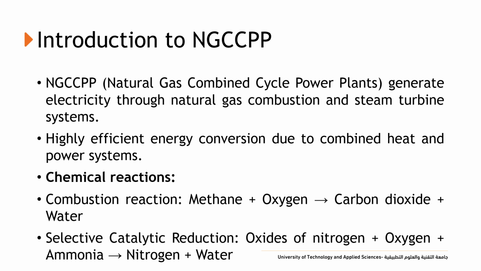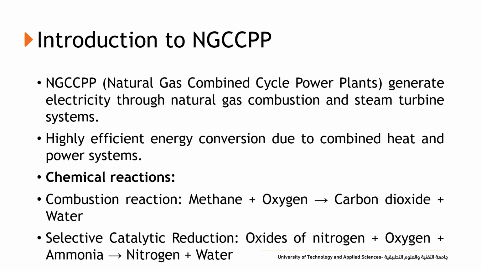After the steam turbine, the water gets cooled and the condensate coming out of the steam turbine is recycled back to produce steam. So natural gas combined cycle power plants generate electricity through natural gas combustion and steam turbine systems.